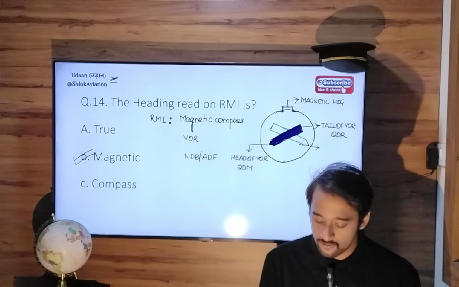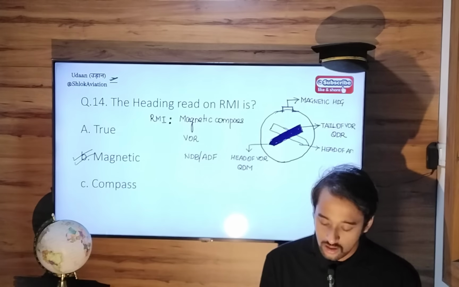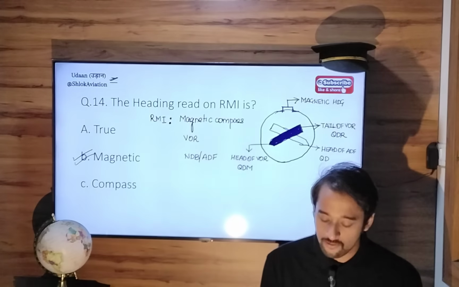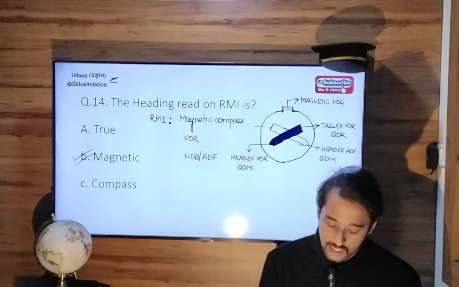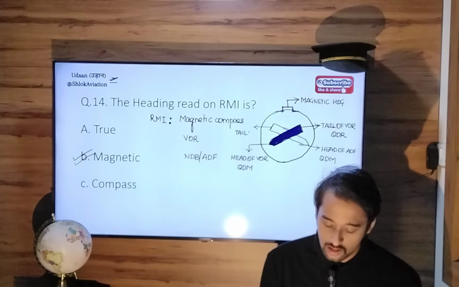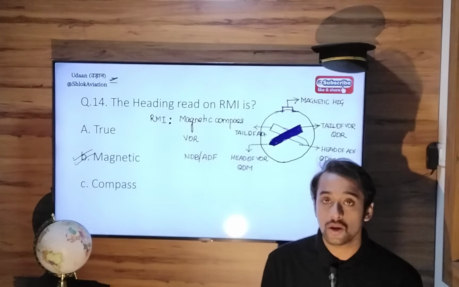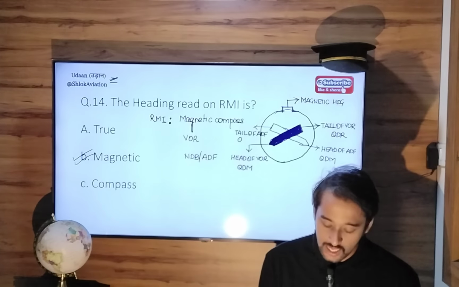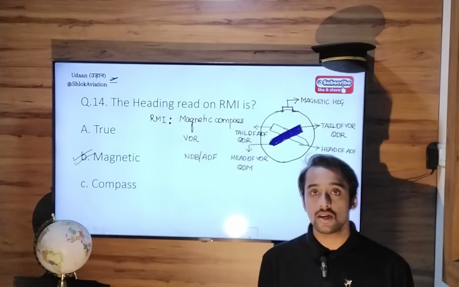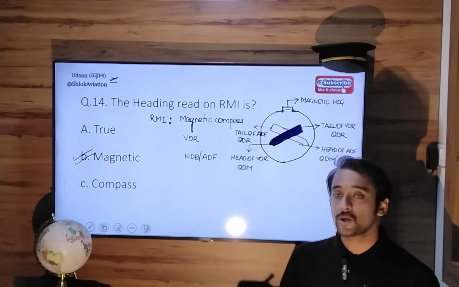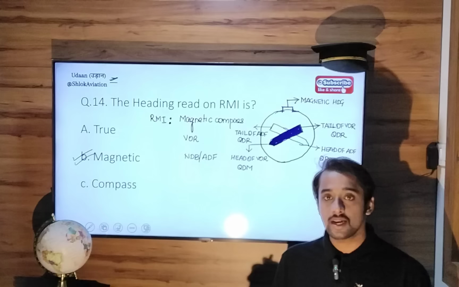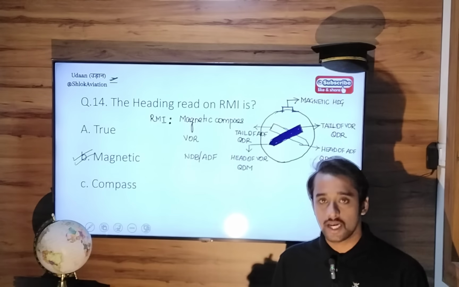The head of this ADF needle will tell you QDM information, that is magnetic bearing to the station, and the tail of the ADF needle will show you the QDR, that is track away from the NDB station. So this is the entire information about your RMI. The question, the heading read is magnetic heading.